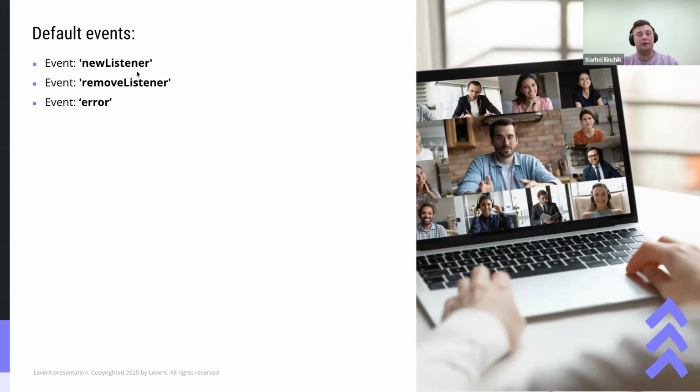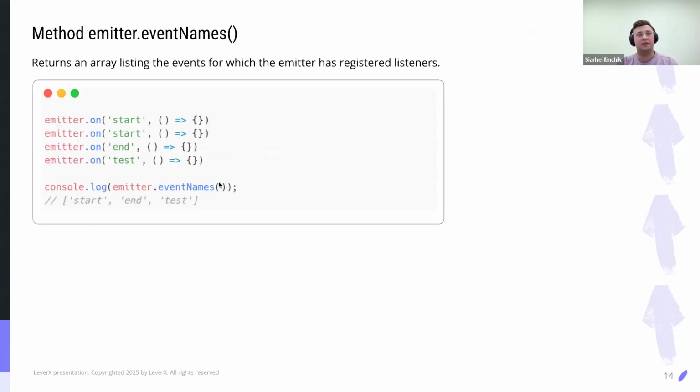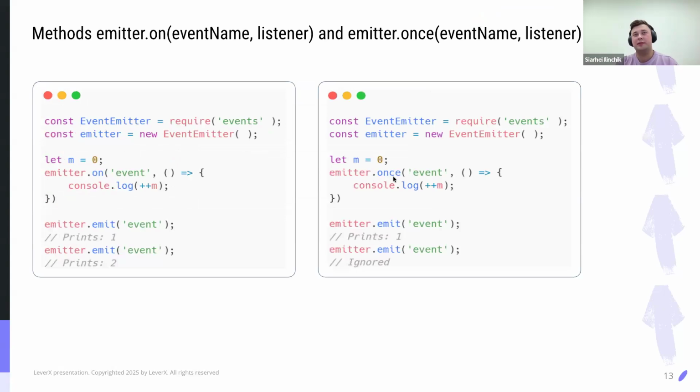The first event, which is emitted by default, is newListener. It's pretty straightforward. Whenever you register a new listener for your emitter object, the newListener event is emitted. Then removeListener. Whenever you remove your event listener, the removeListener event is emitted. An interesting detail is that this removeListener event is emitted after the first execution of the event listener which was registered with the .once method.